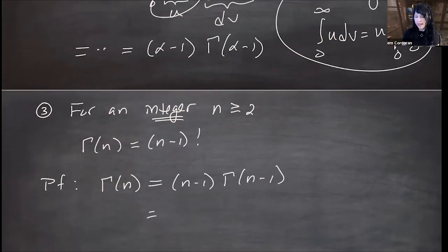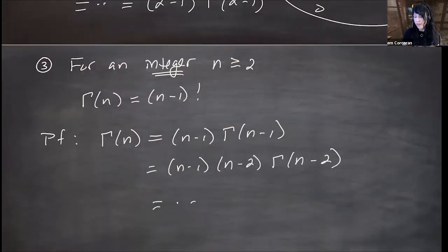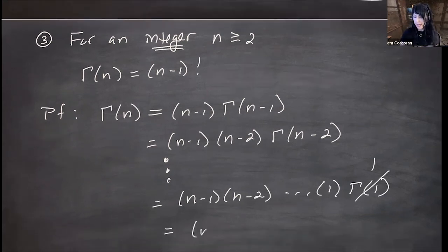And if you use that again on gamma n minus 1, you go down by 1, so you get n minus 2, gamma of n minus 2. And if you keep going to the bottom, you will eventually get to n minus 1, n minus 2, down to 1, gamma of 1, but gamma of 1 is 1. So you can see the n minus 1 factorial. The factorial doesn't make sense for a non-integer because you're subtracting 1, you might just skip over 0. There's going to be no bottom.